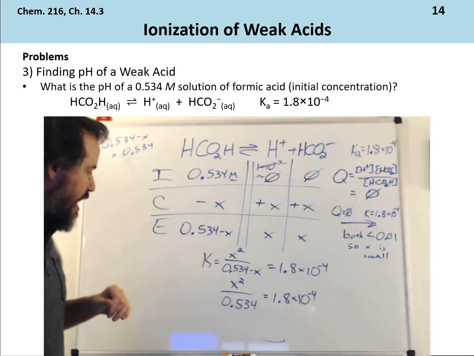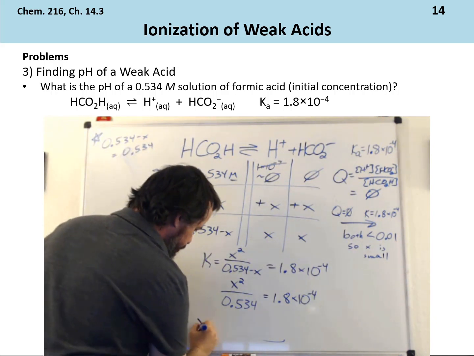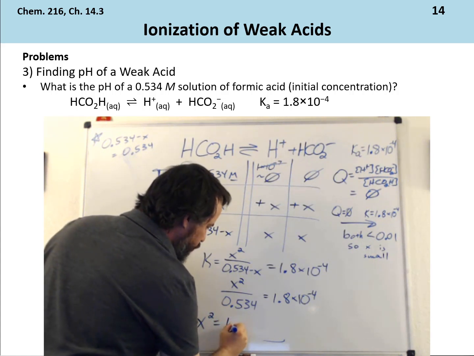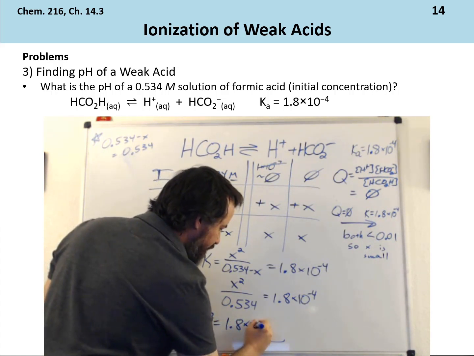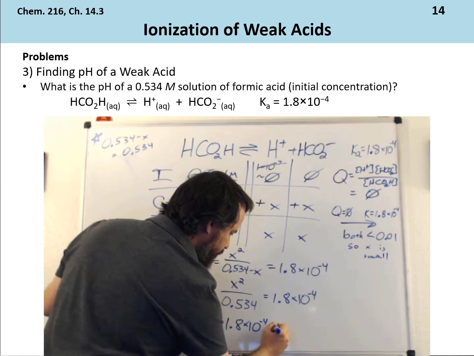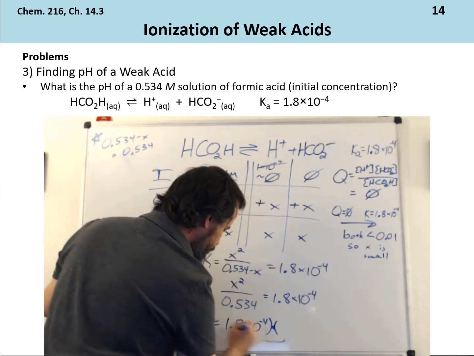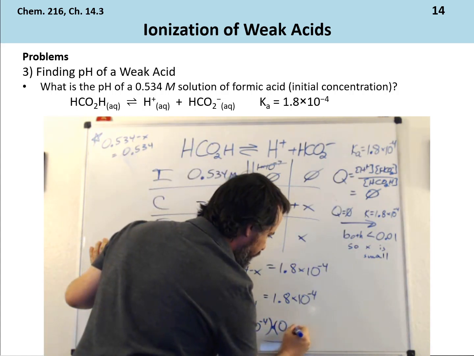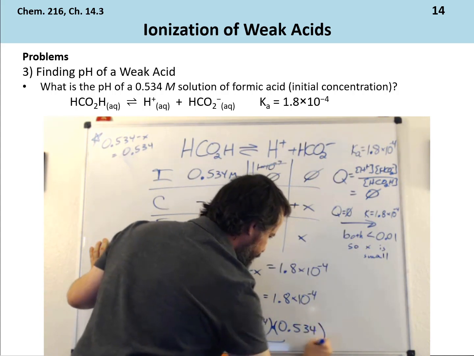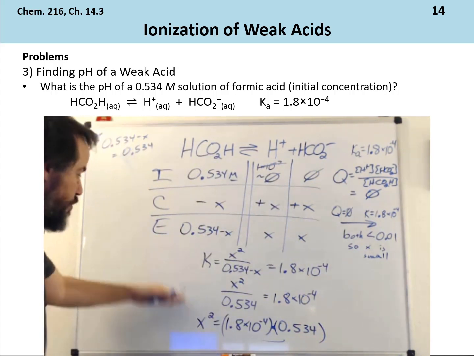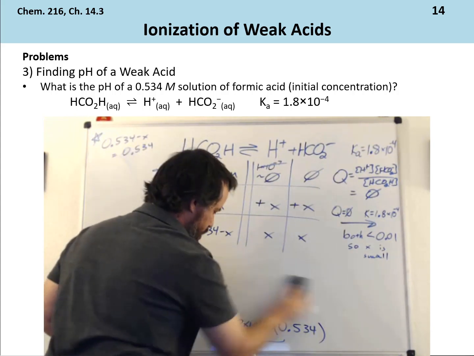Now I can rearrange this. So x squared equals 1.8 times 10 to the minus 4 times 0.534. We're going to just do that right here.